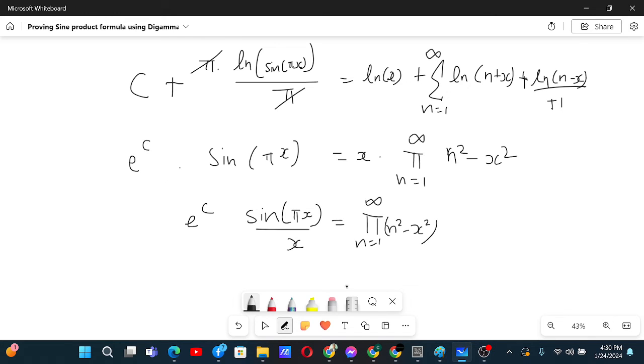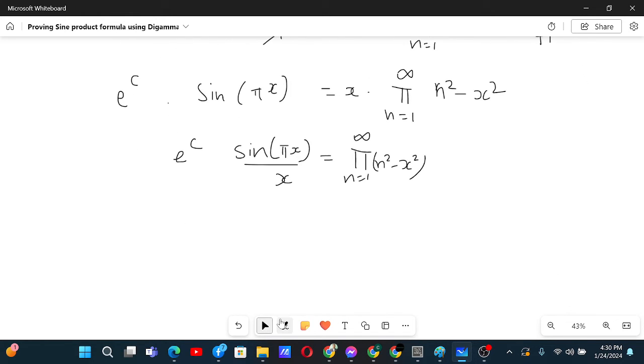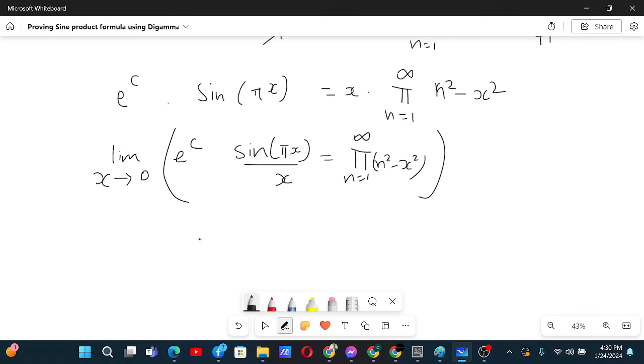Now to find the constant, we can take the limit for the whole expression as x tends to 0. So in that limit we will have e to the power c, and we can add pi over here and a pi over here. Now sine pi x by pi x, where x goes to 0, will just be 1.